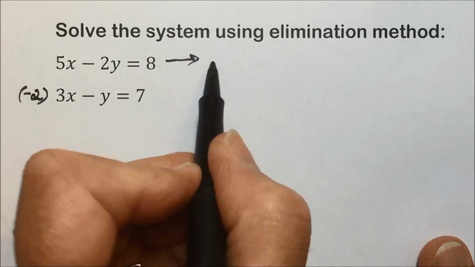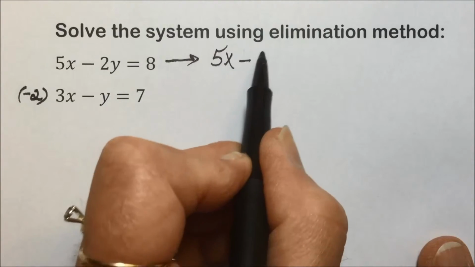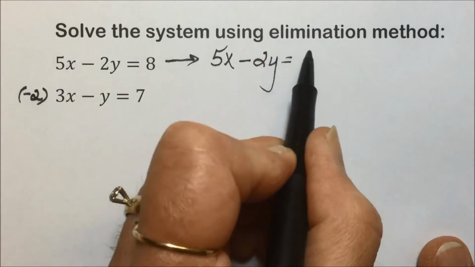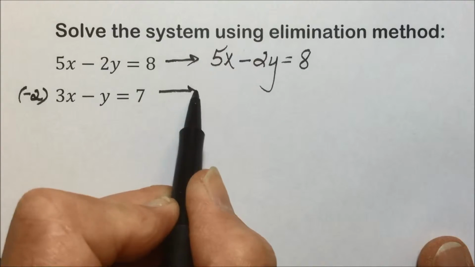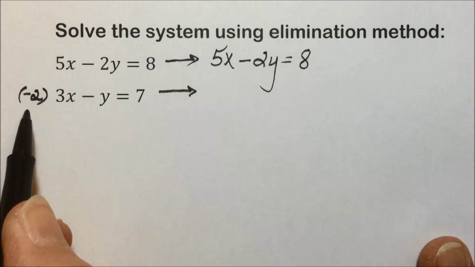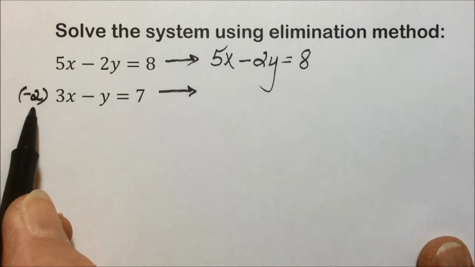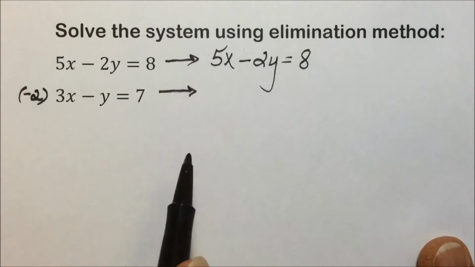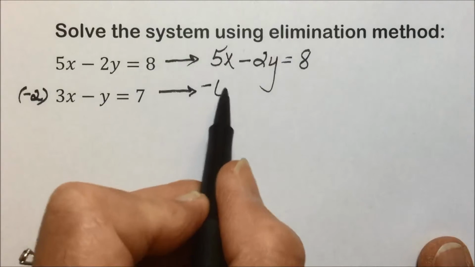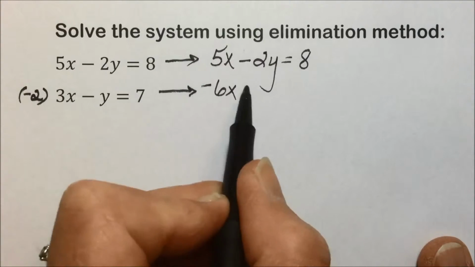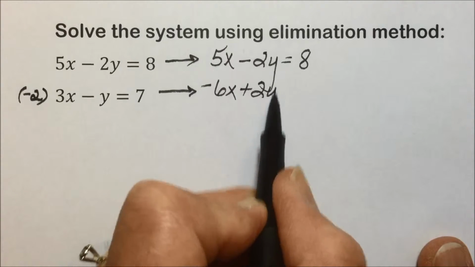So the first equation we are doing nothing to. The second equation is getting a tweaking of a multiple of negative 2. Negative 2 times 3x leaves negative 6x. A negative times a negative is a positive 2 times y.